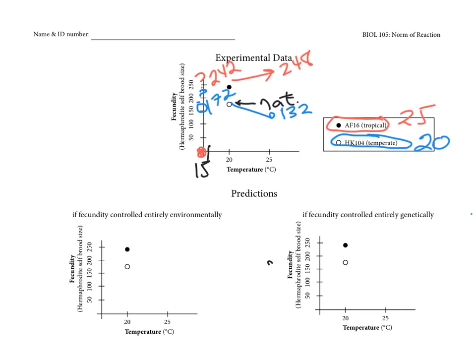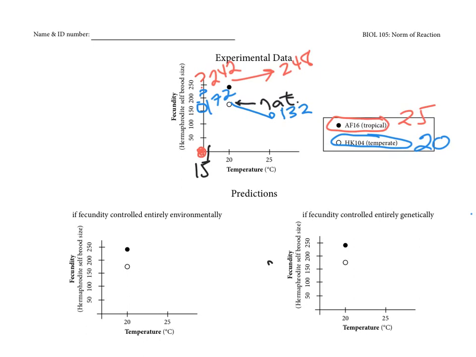Is one better at growing at warm temperatures and the other one better at growing at cool temperatures? That's all this plot tells us. So you're saying that the HK grows better at cooler temperatures than the... Seems like it. You get cool enough, one dies. Seems kind of maladaptive. You don't do very well if you're dead. You definitely don't have any kids.